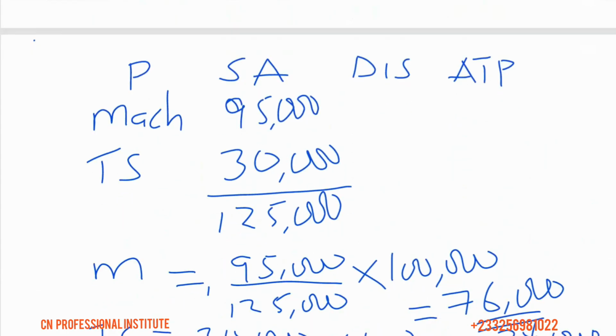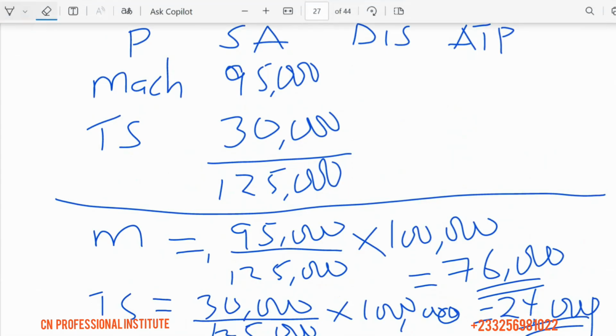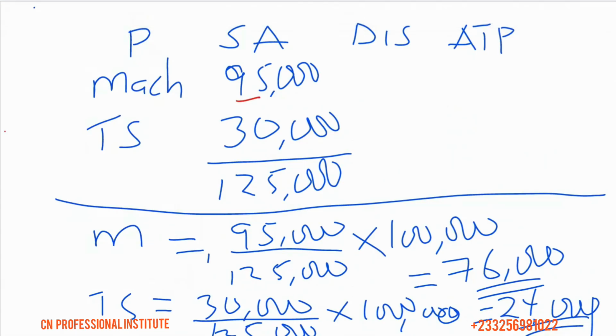If you want to use a table here, we can equally use a table. You can fill the table. For the machine, the standalone selling price was 95,000, but after we are done allocating the transaction price, it is 76,000. So the machine is taking 76,000 of the transaction price.